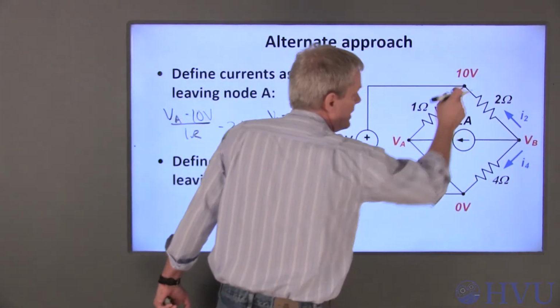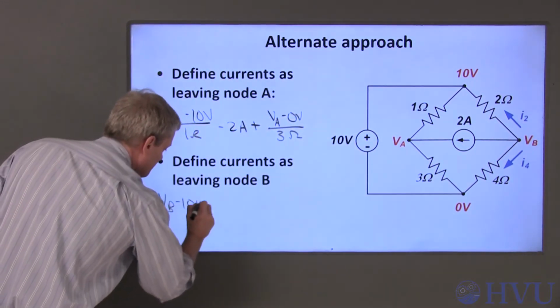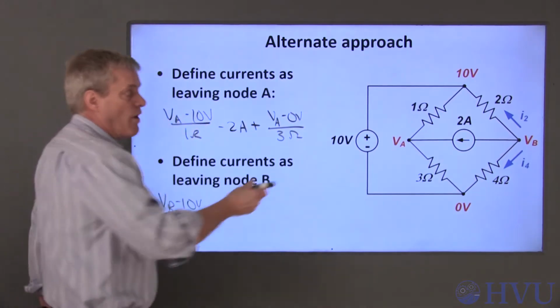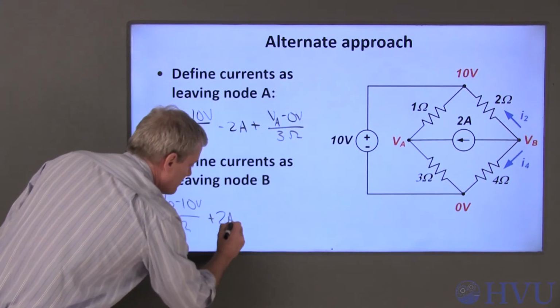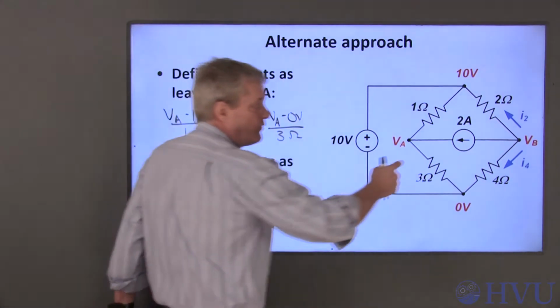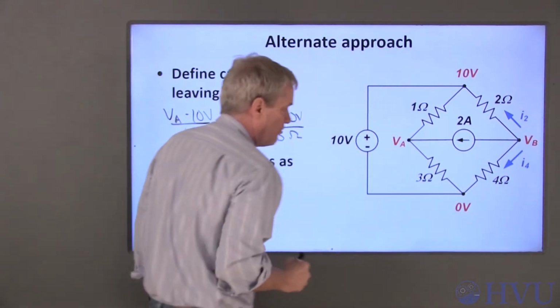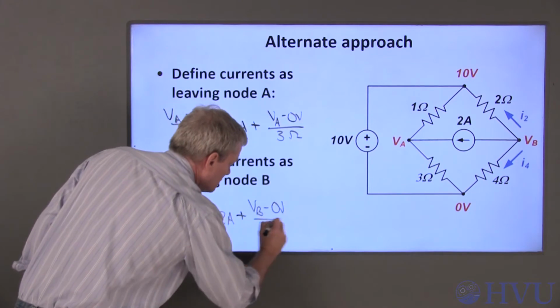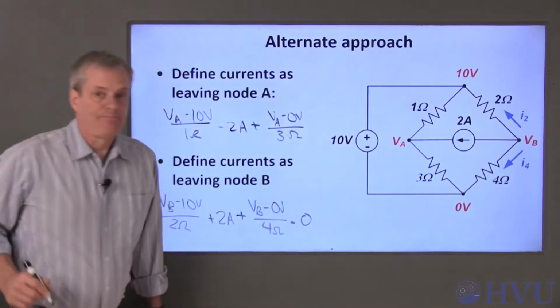That's VB minus 10 volts over 2 ohms. The 2 amps is leaving, so that now becomes a positive contribution. And I4 is leaving, so that becomes VB minus 0 over 4 ohms, and it's positive. And that is equal to 0.